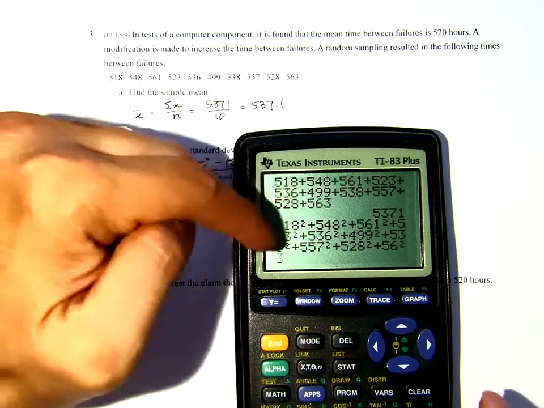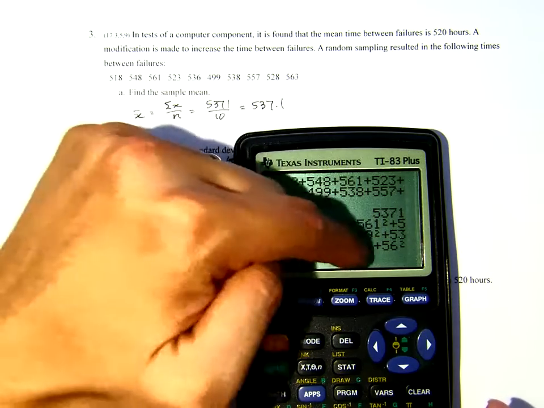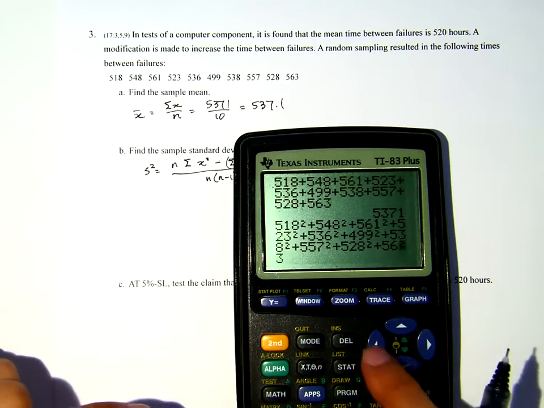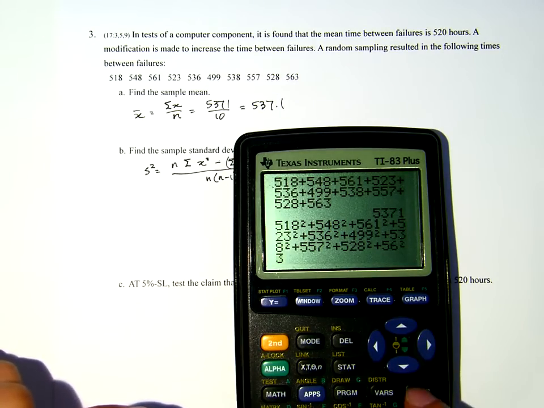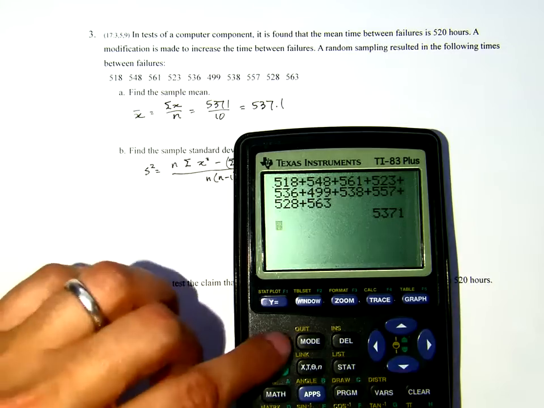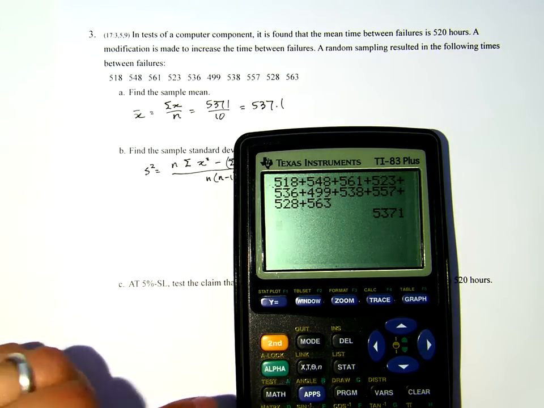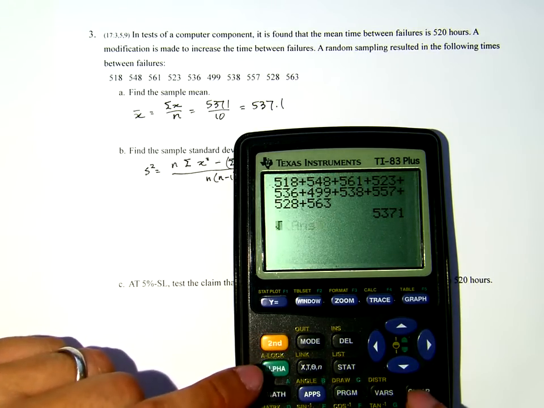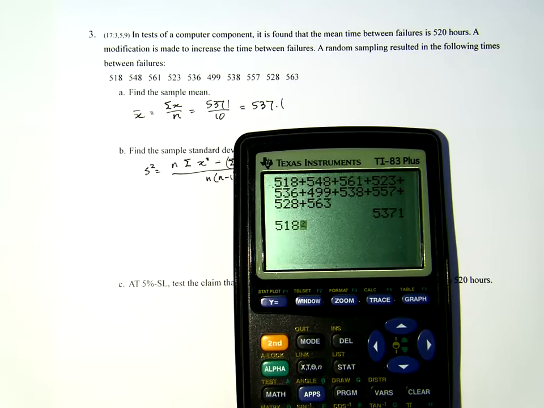One, two, three, four, five, 6, 7, 8, 9, 10. Oh, no, not that one. Wait. I type everything over again. Plus 548 squared.